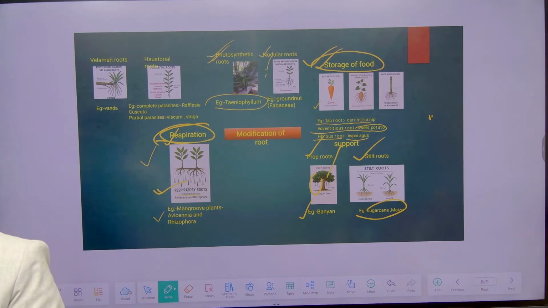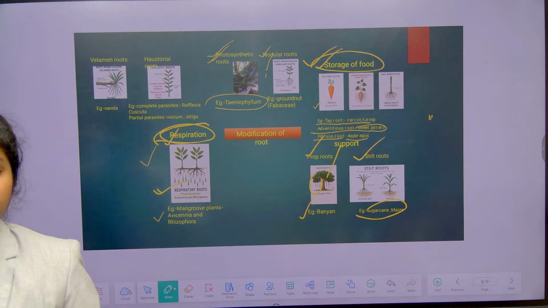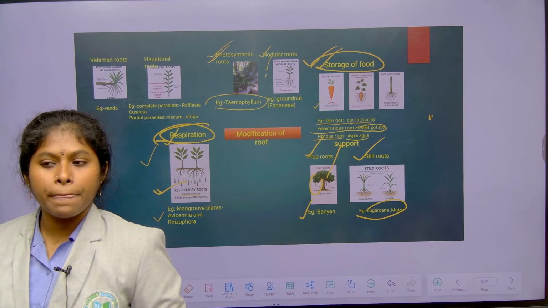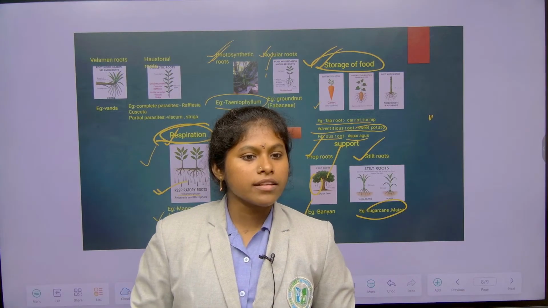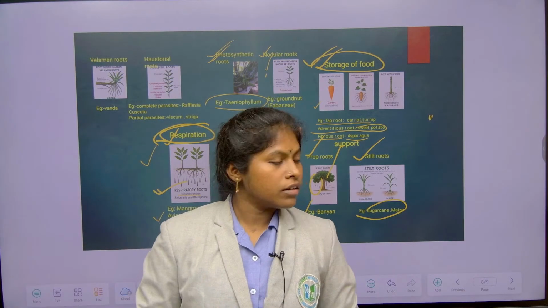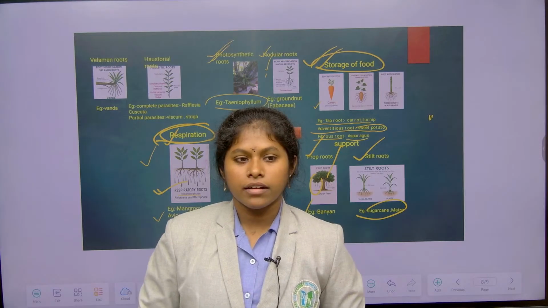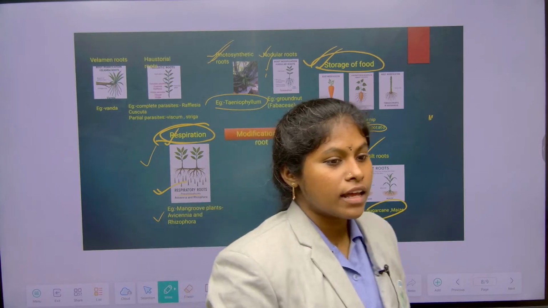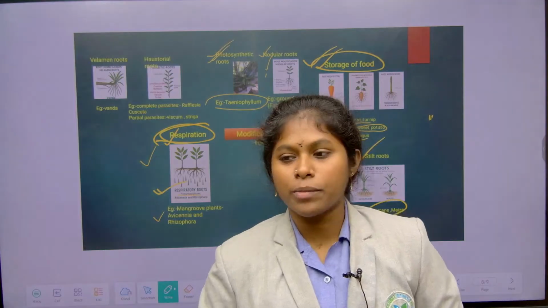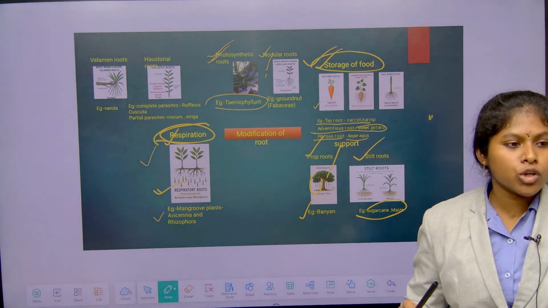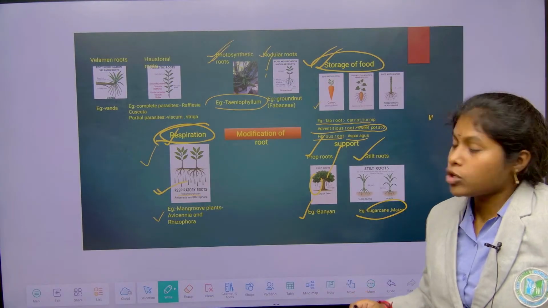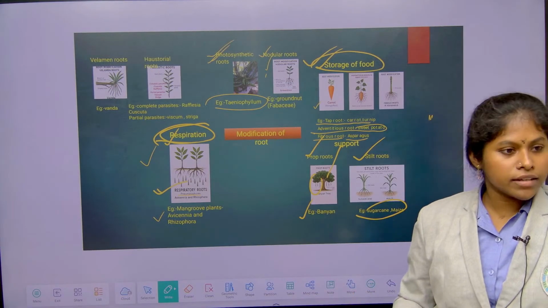Which are mostly seen in the family Fabaceae. Fabaceae plants are also called leguminous plants. Fabaceae family plants are also called leguminous plants. What are the examples of leguminous plants? Groundnut.